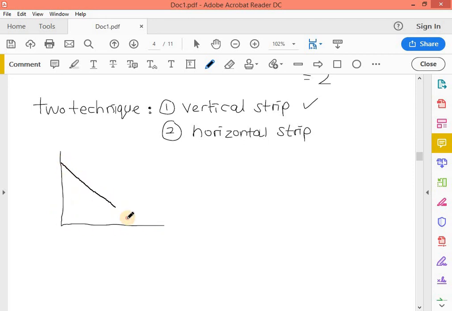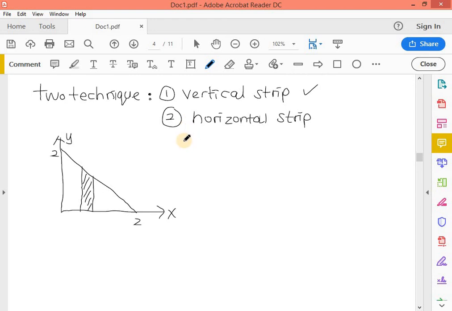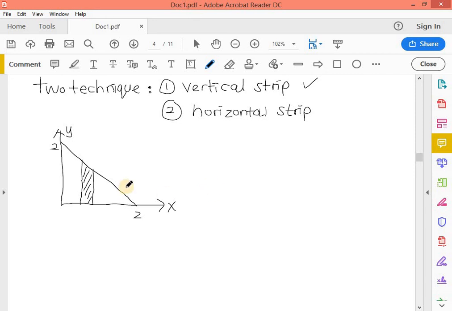So I redraw my region again. For the vertical strip technique, you have to construct a vertical strip inside your region. Can you follow? I'm talking about the vertical strip technique in order to find the area of this region. First you have to construct the vertical strip. This is the vertical strip. You have two vertical lines. If I move this line to the minimum, where can it be?